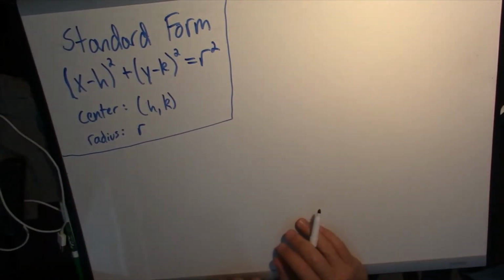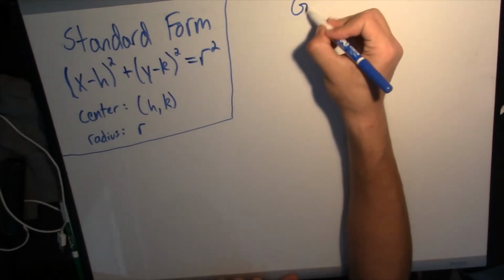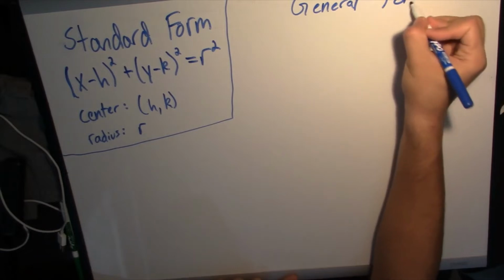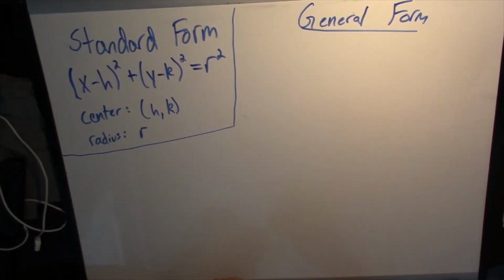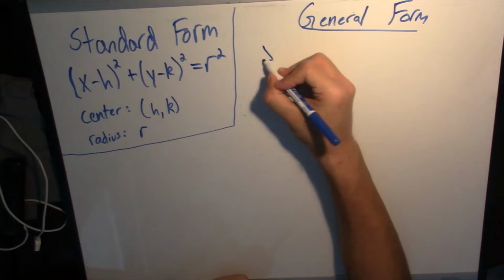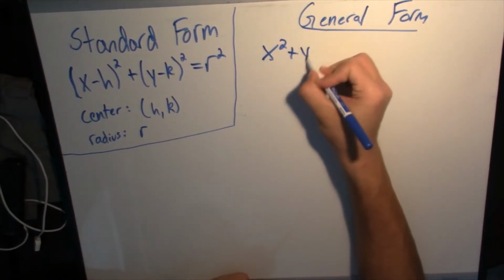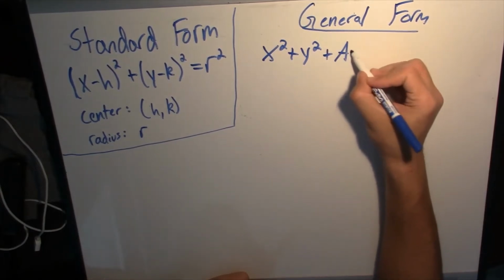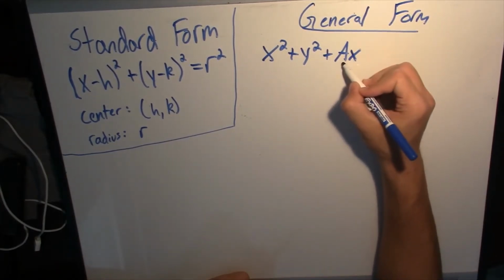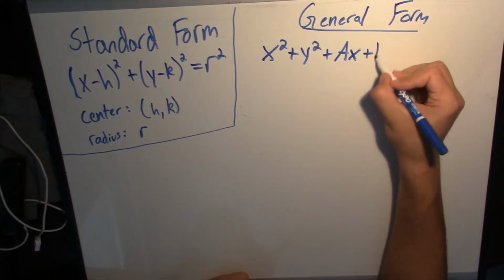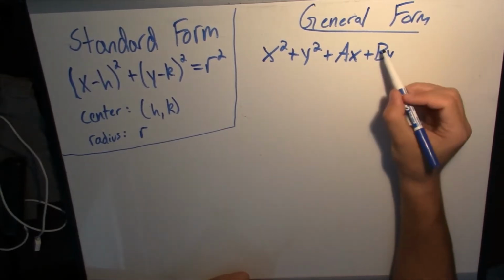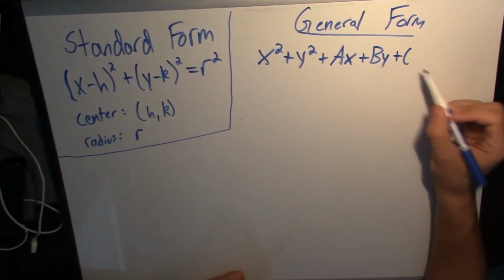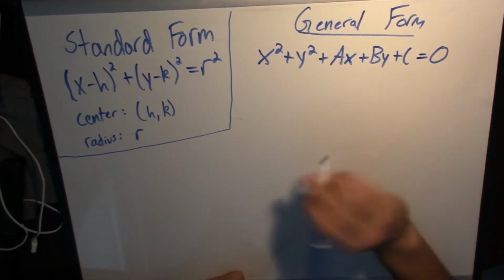Now we're going to be looking at a form called general form. General form, I'll use blue, is x squared plus y squared plus ax, where a is just some number, it could be whatever number, plus by, so again b is just some number, plus c, and c is also just a number, equals 0.